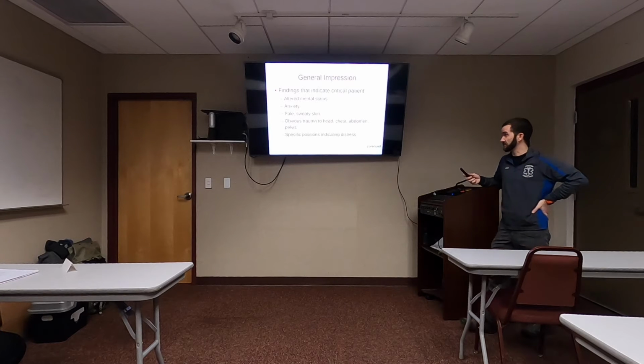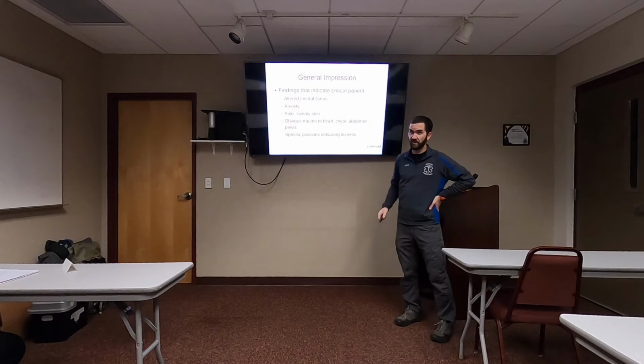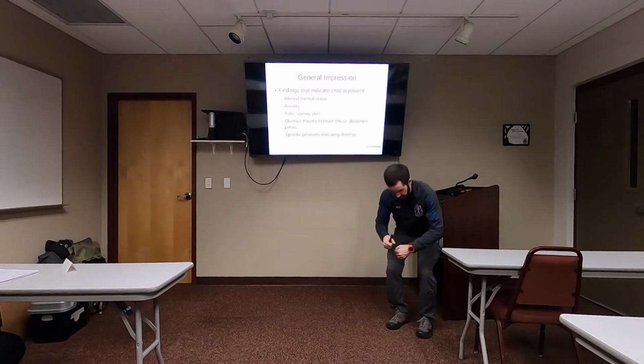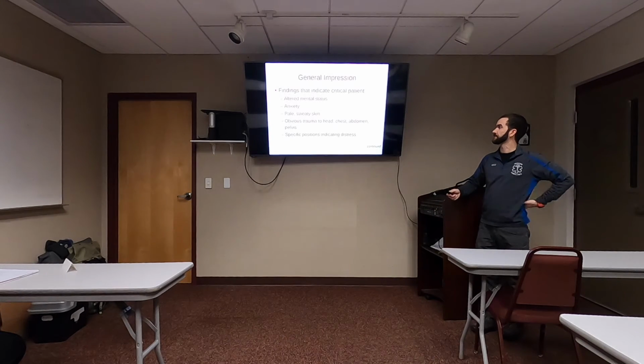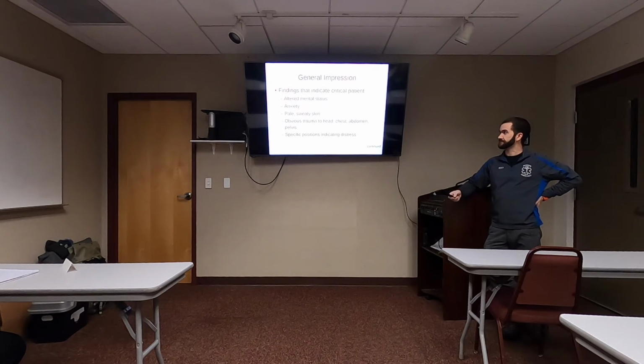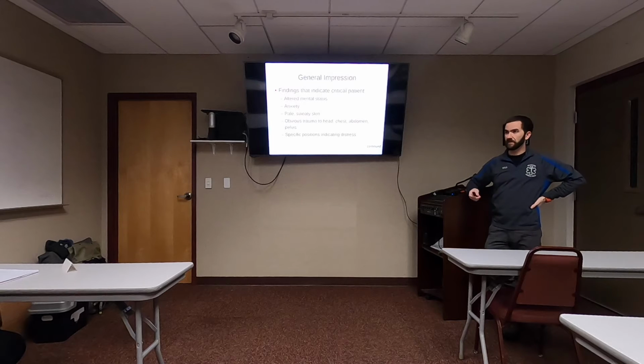And then specific positions indicating distress. So one of those is that tripod position that I mentioned where you're kind of sitting and leaning over, trying to catch your breath. If you walk in and somebody's doing the universal I'm choking thing, that would be an indication of distress.